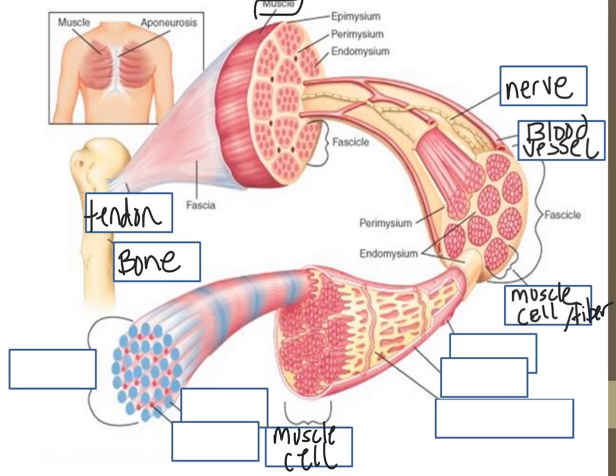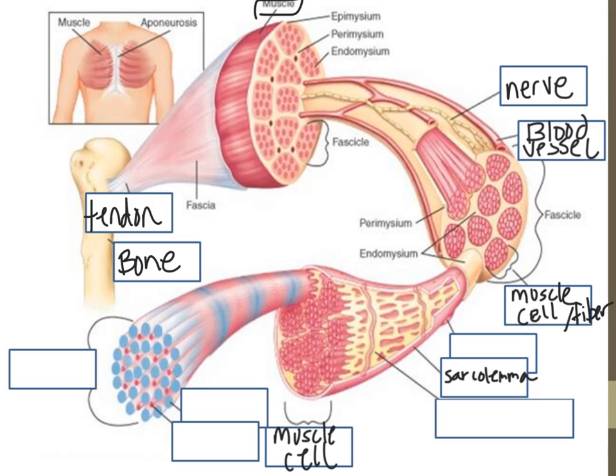So within that cell, I've got this pink covering, and that's the cell membrane, but we don't call it the cell membrane. We call it the sarcolemma. And on that sarcolemma, I should be able to see multiple nuclei.